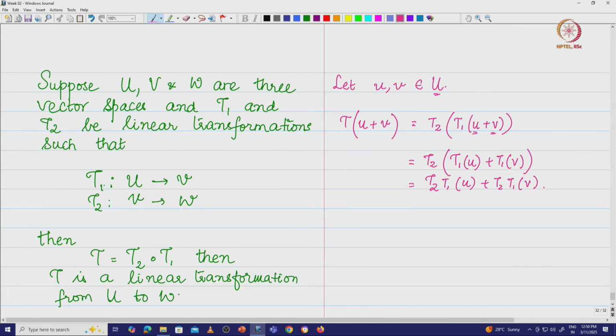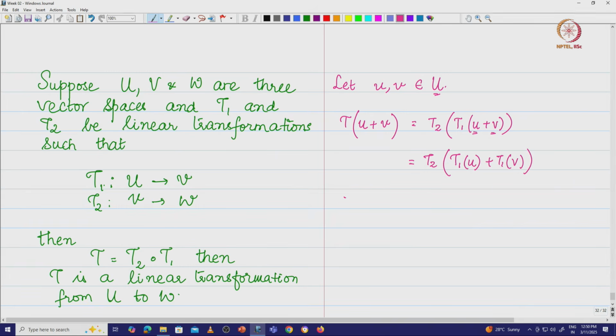because T1 of u is going to give me some vector, let us say v1 in v, and T1 of v is going to give me a vector v2. T1 is a mapping from u to v. Let us take one more step.